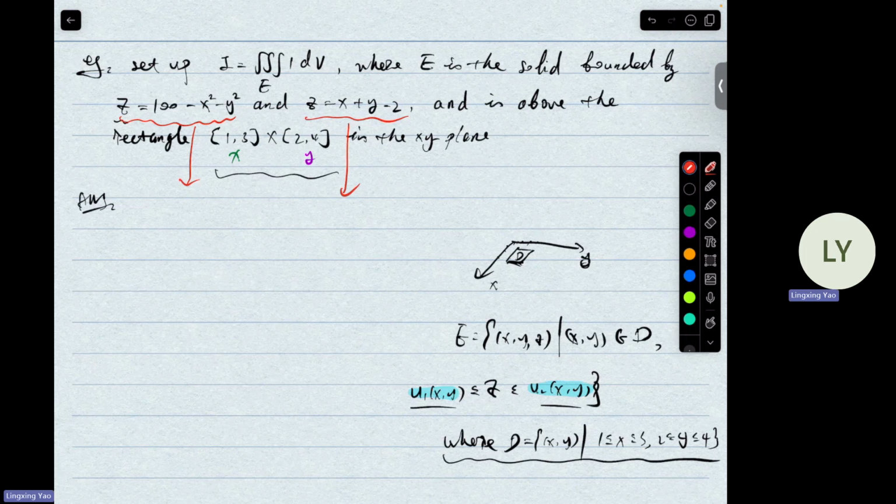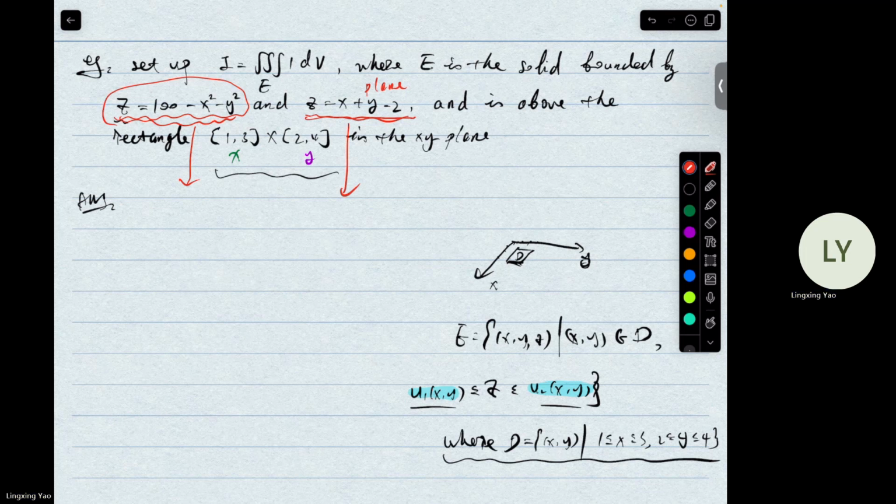Well, one thing we should notice is the second one is a plane, right? If you move the z to the right, it becomes 0 equals x plus y minus z. And you move the 2 to the left, then you get the plane equation. And this one is a quadratic surface, all right?